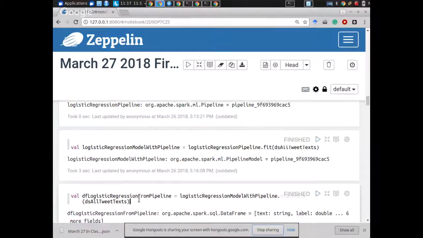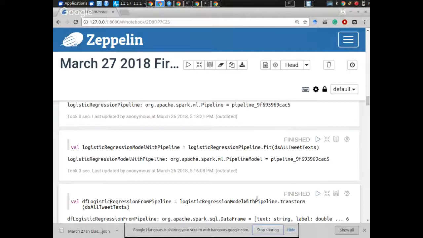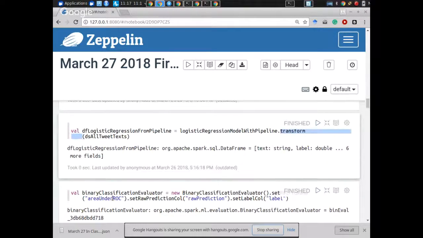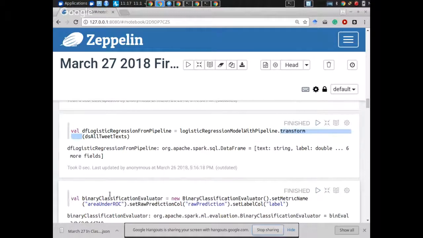Now, having obtained a model, having fit it to certain data, it's a fitted model that knows how to get all the data into the form it needs to do its job. And we could then transform other data with it. So this was the idea that we explored last time.